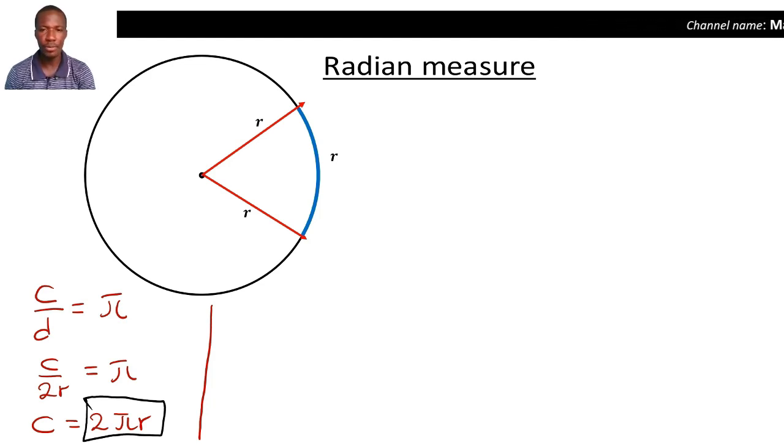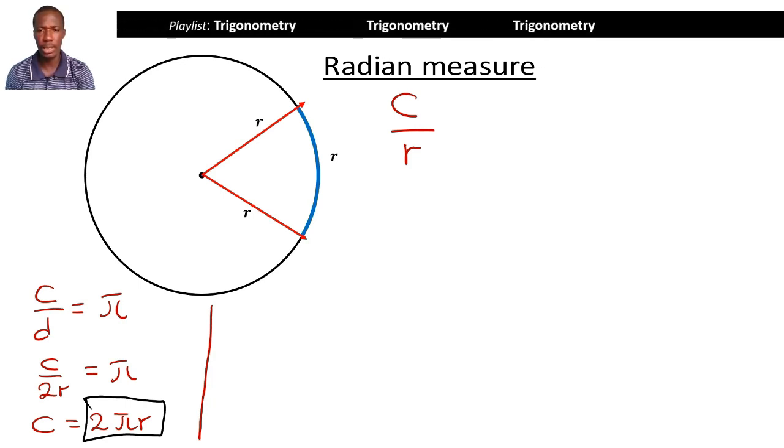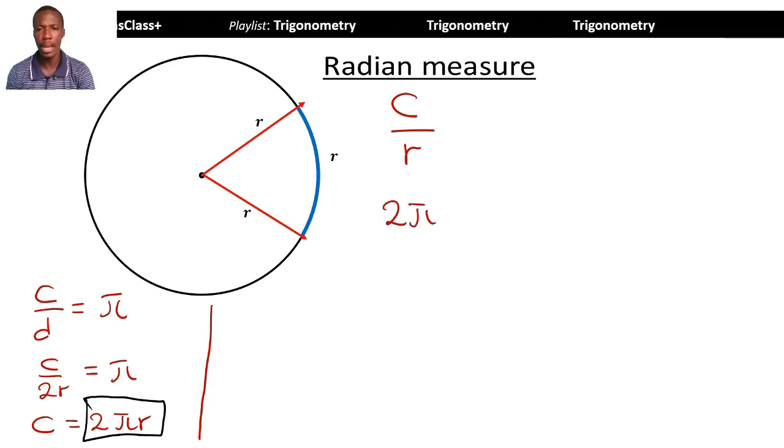For a complete revolution, we have c, that is the circumference. And so when we divide by an arc length which is equal to the radius, we get the total number of radian angles in a complete revolution. Let's note that c is the same as 2 pi r.